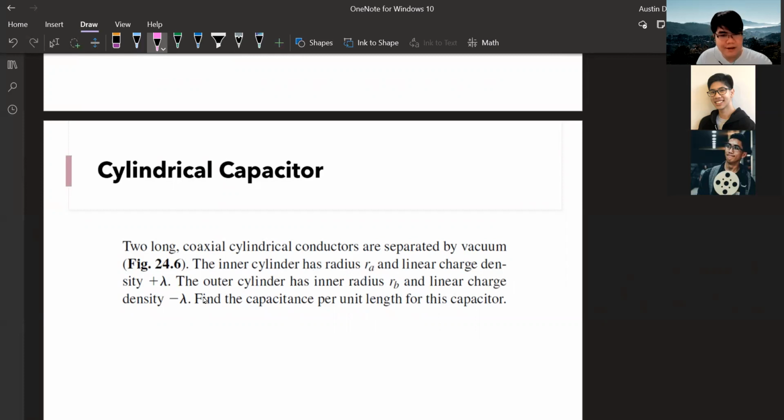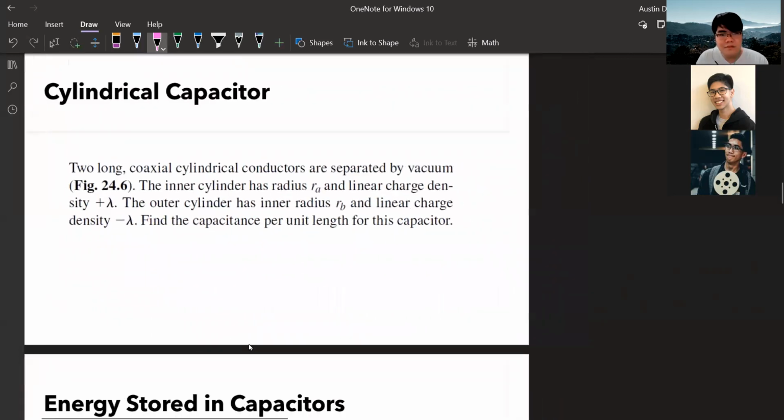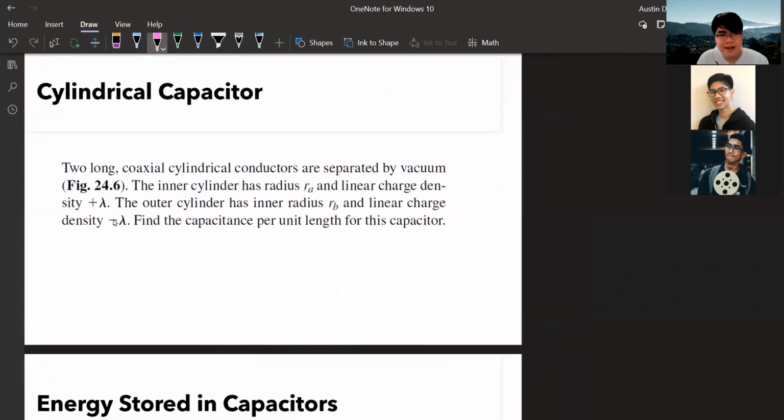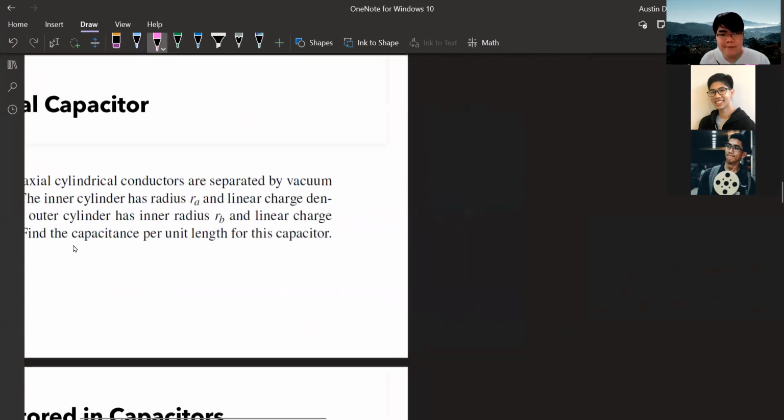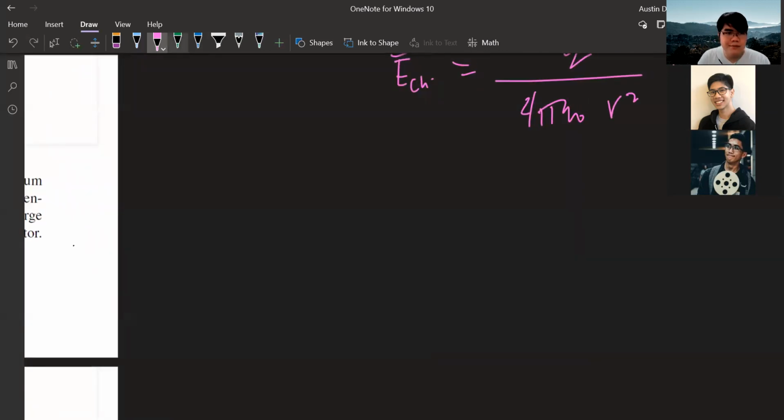Tapos the outer cylinder or outer tube, meron naman siyang negative lambda charge density. Drawing lang natin, meron kang tubo na napapalibutan ng another one.